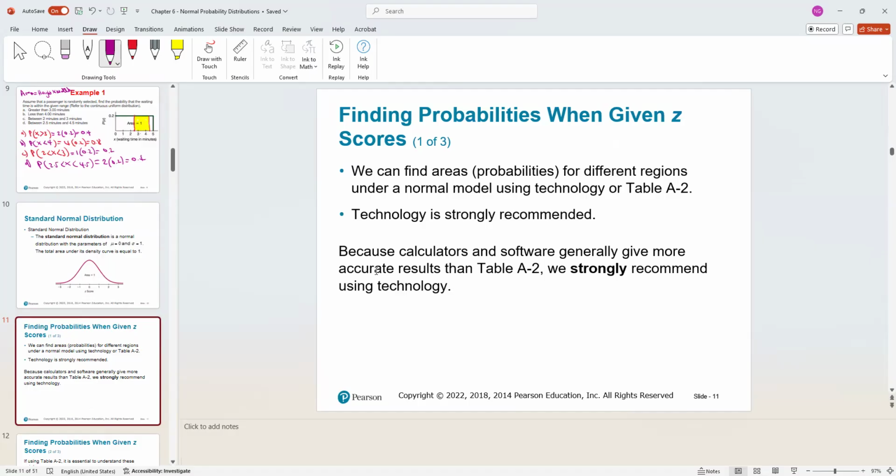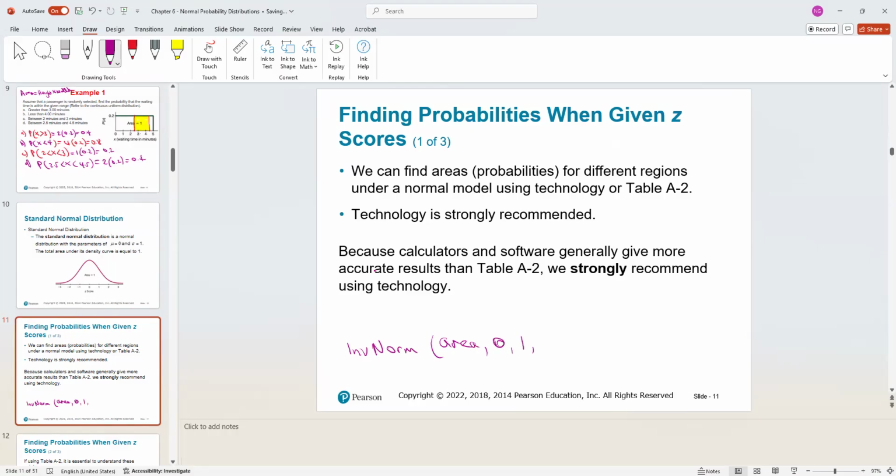In this particular case, with the TI-84, you go to second functions, VARS, and distributions, and you'll see inverse normal, like you do for area, and the mean is 0 and the standard deviation is 1.